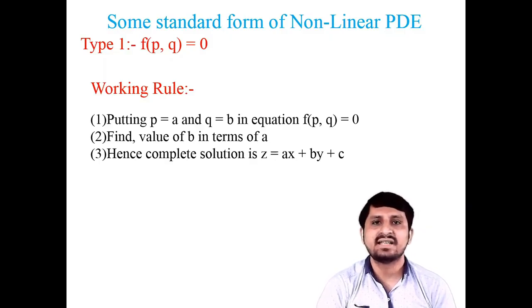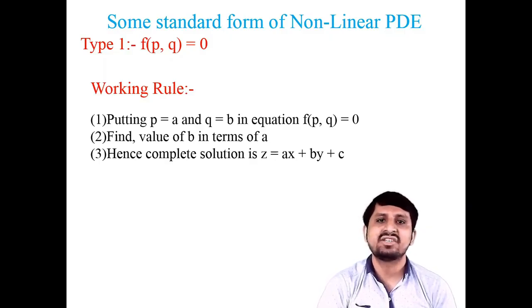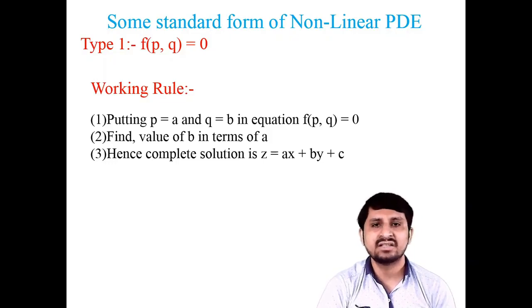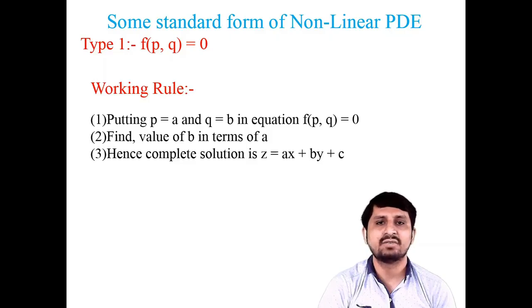So here you can see there are working rules which you have to follow. The first rule is you have to take p is equal to a and q is equal to b in the given equation f of p, q, that is equal to 0.